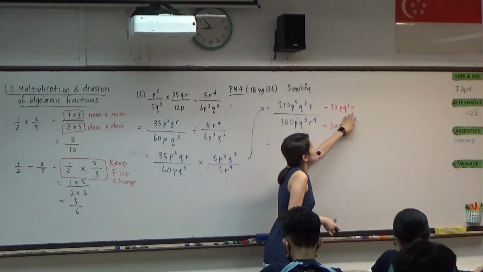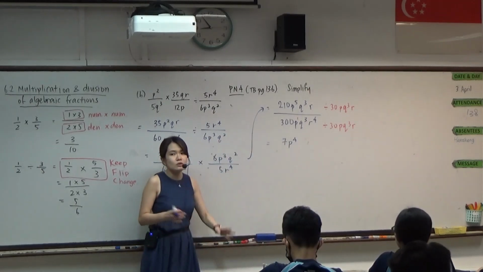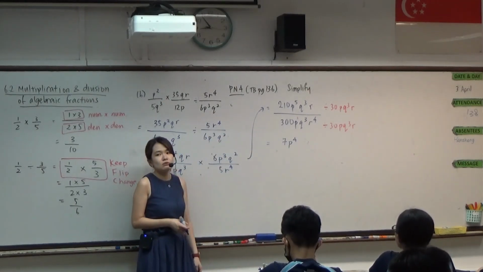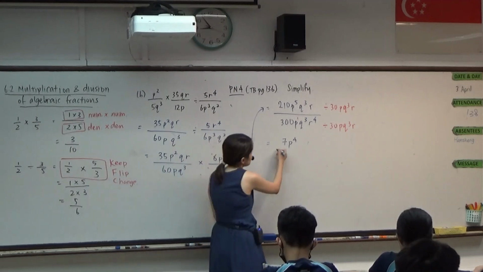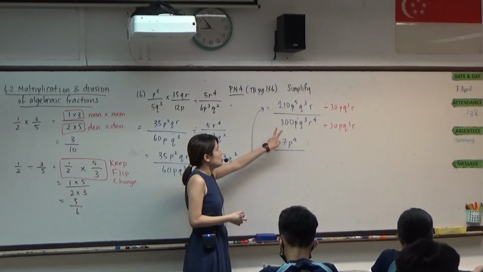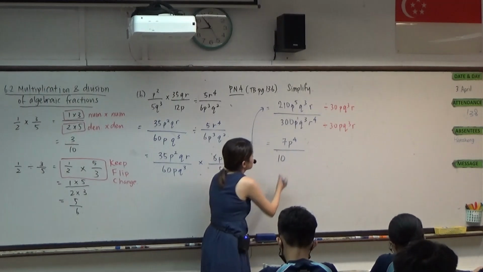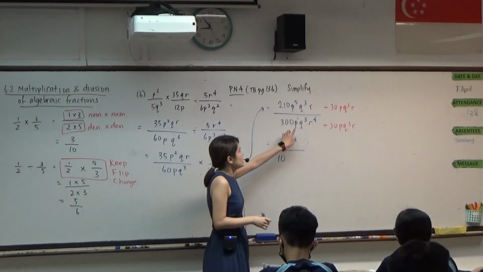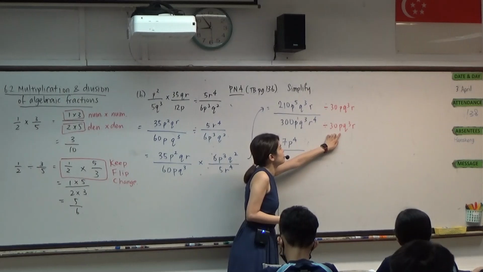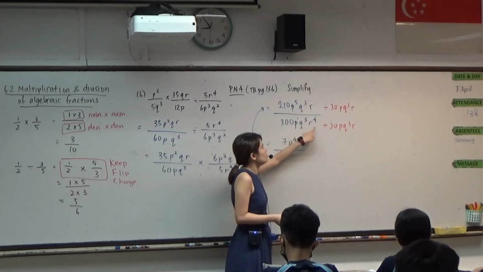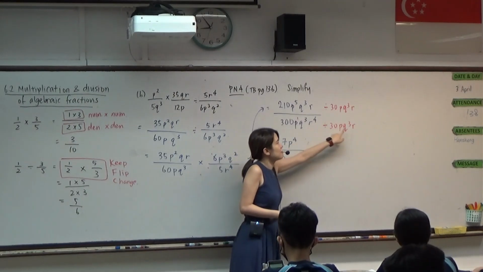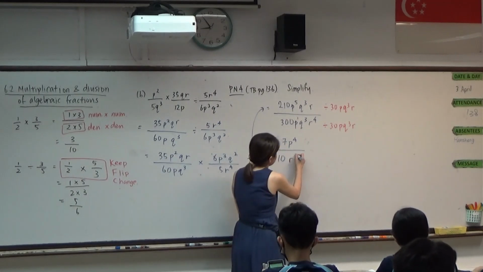R also removed over here, so no more. So in the numerator, I only have 7 P to the power 4. In the denominator, 300 divided by 30, I will be left with 10. Okay, then P, I removed already 1 P. For Q cubed, also remove. R to the power 4, I only remove 1, so I will be left with R cubed.